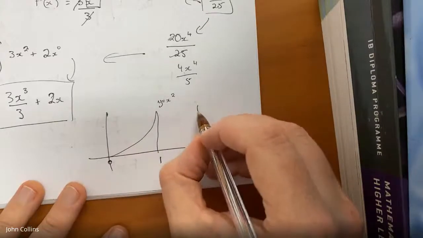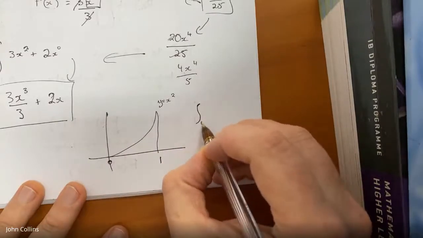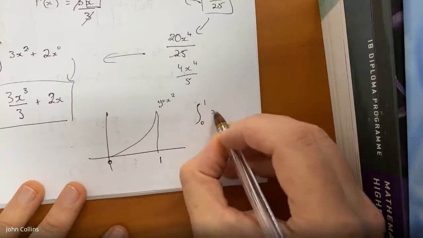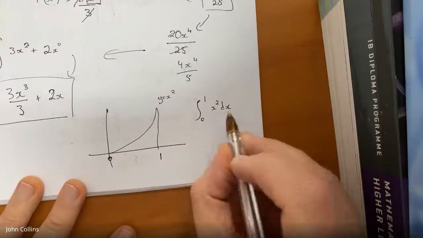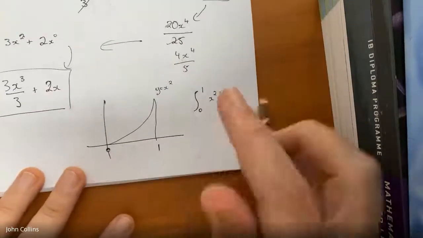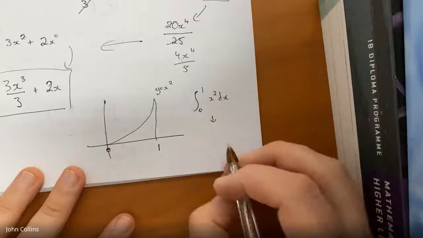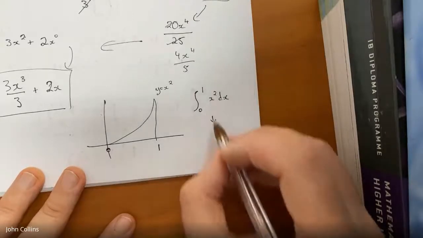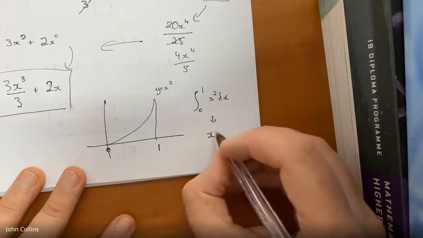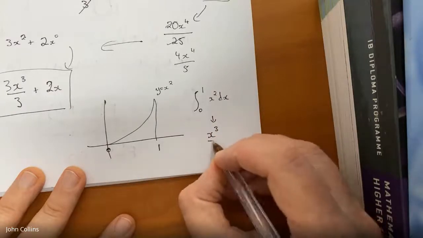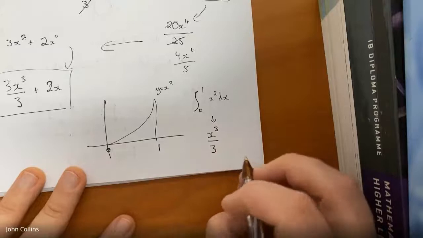If I did the integral of this from 0 to 1 of x squared dx with tiny, tiny, tiny changes, how do I write this? Let's integrate x squared: add 1 to the power, so it's x cubed, over, well, just divide down by that new power, 3.